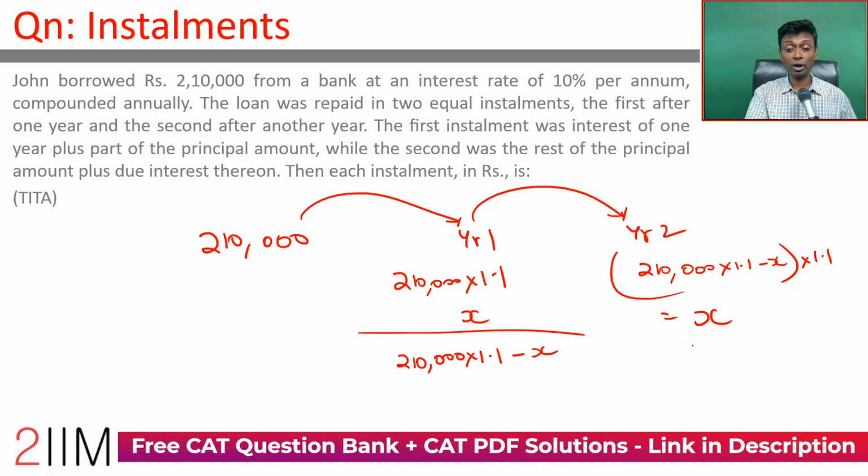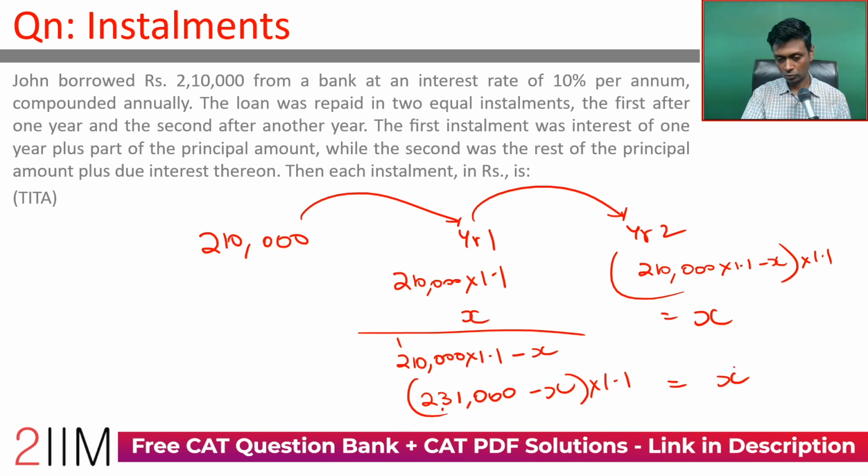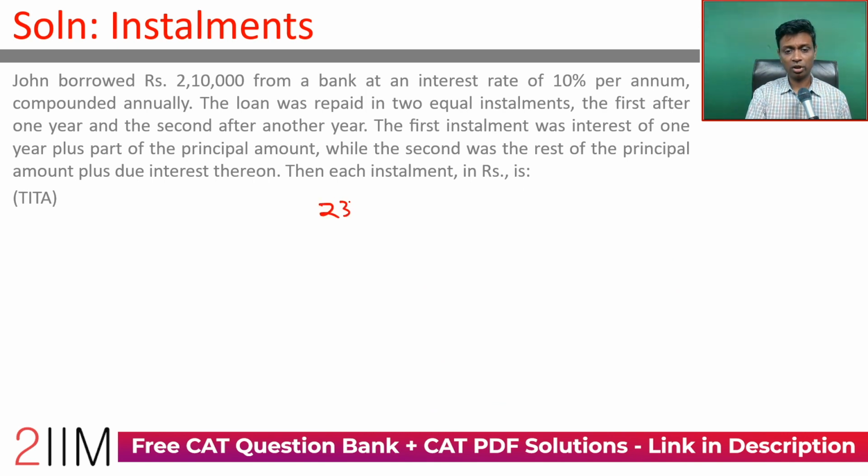So 210,000 into 1.1 minus X into 1.1. 11 ones are 11, 1. 11 twos are 22, 23, 2, 31. 2,31,000 minus X into 1.1 equals X. So let's write down this equation. 231,000 minus X into 1.1 equals X. 11 ones are 11, 11 threes 33, 34, 4, 3, 22 plus 3, 25.